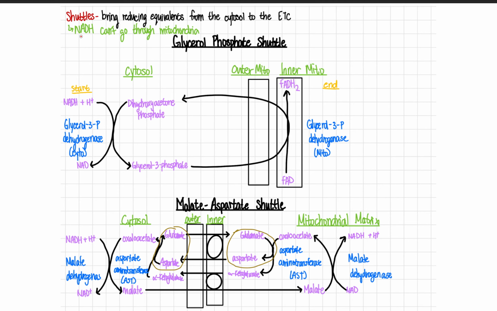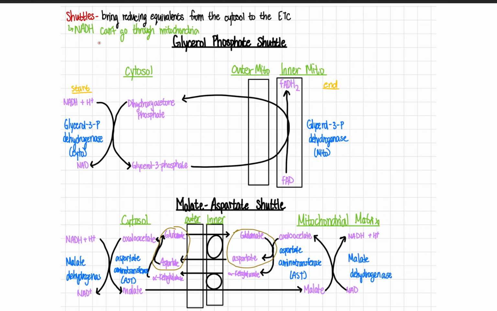So this is similar to what happens in pyruvate dehydrogenase and the citric acid cycle. The only difference is in pyruvate dehydrogenase and in the citric acid cycle, those reactions are already occurring in the mitochondria, so the NADH can just easily go on and be added to the electron transport chain.